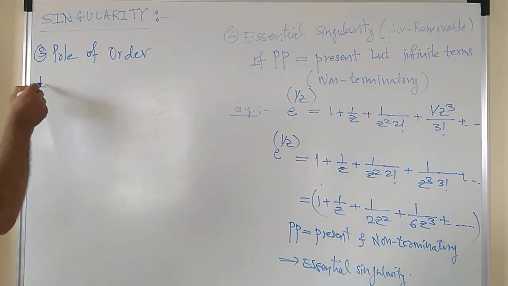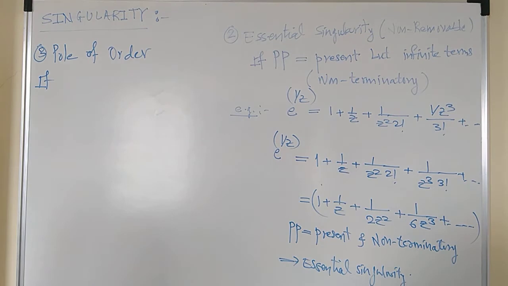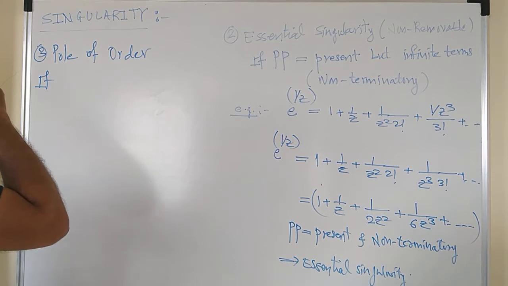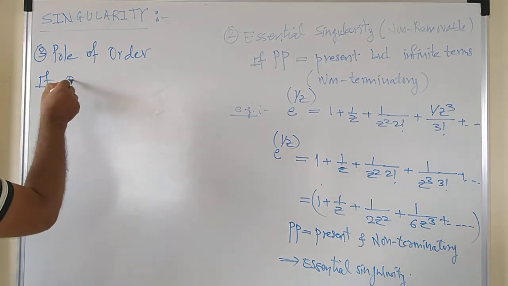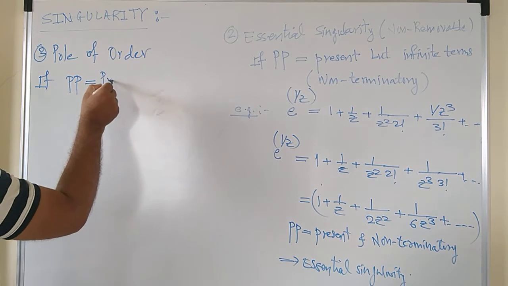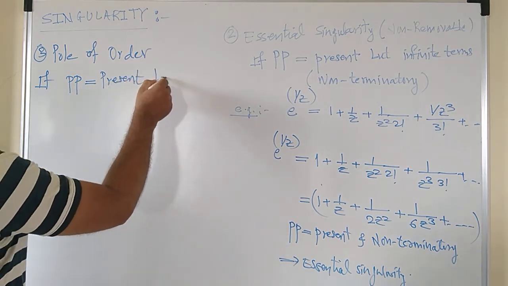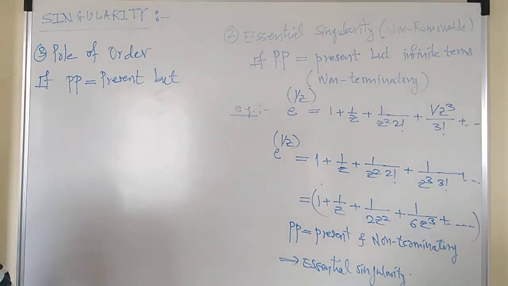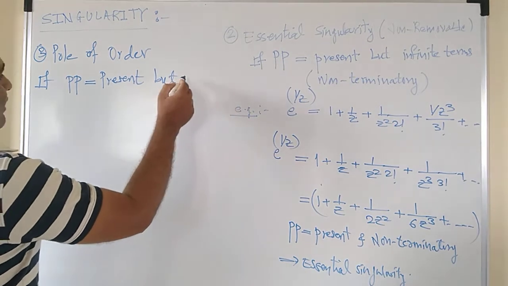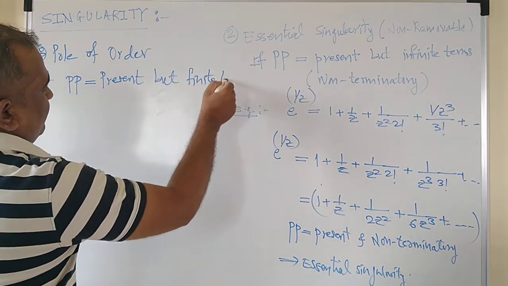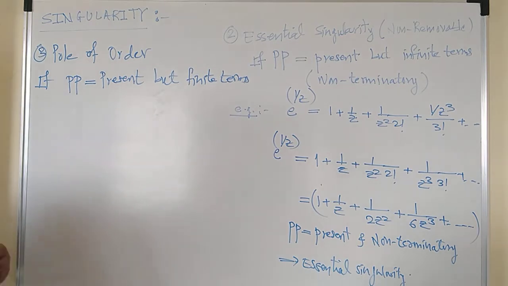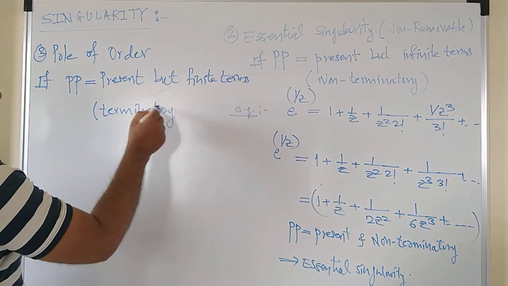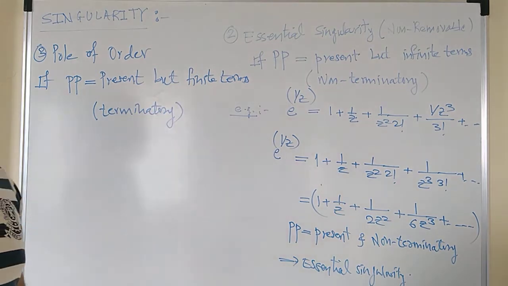What is a pole of order? A singularity is said to be a pole of order n, 1, 2, 3, whatever, if and only if the principal part is present, but the terms are not infinite, but finite, that means terminatory.